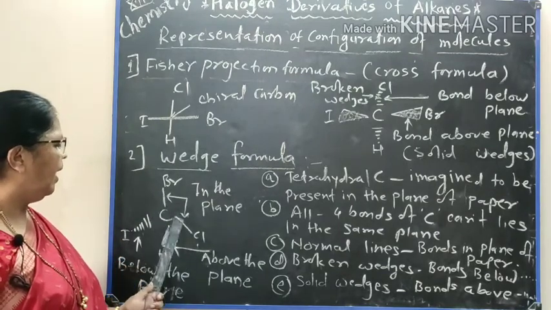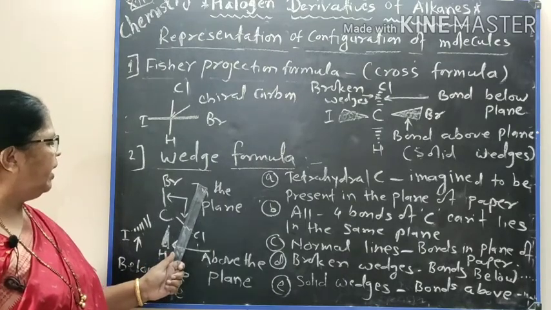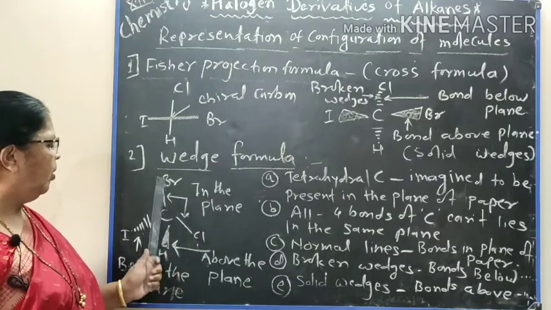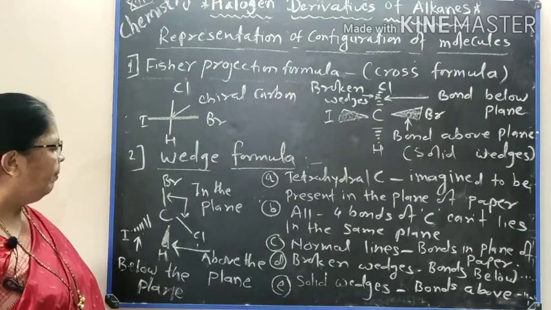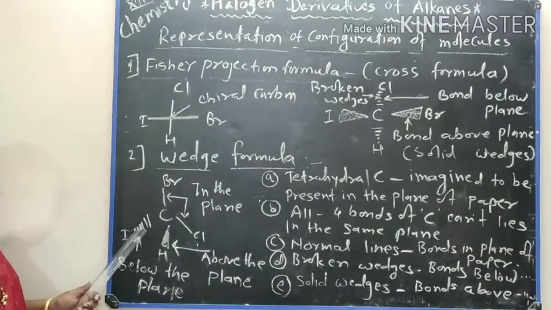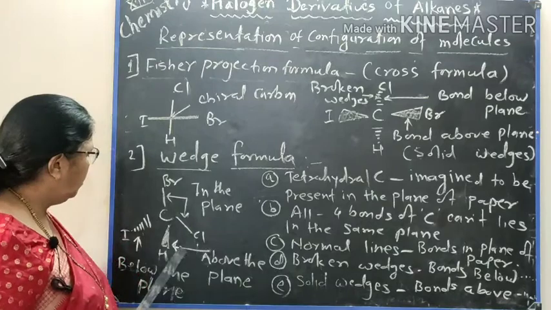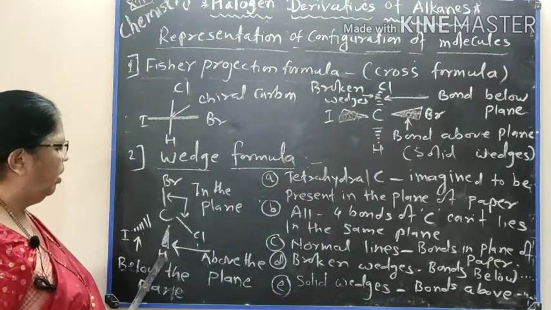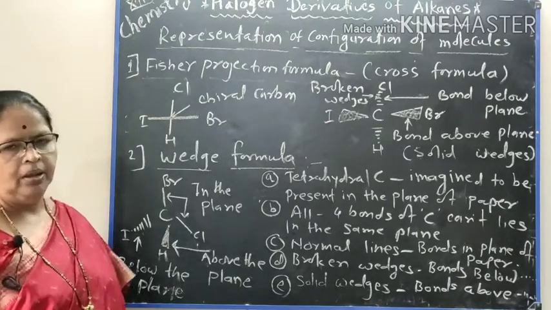The normal lines or normal bonds mostly represent bonds in the plane of paper. Broken wedges, mainly the bond between carbon and iodine, represent below the plane of paper. Then solid wedges, mostly the carbon and hydrogen bond, show the bond above the plane of paper.